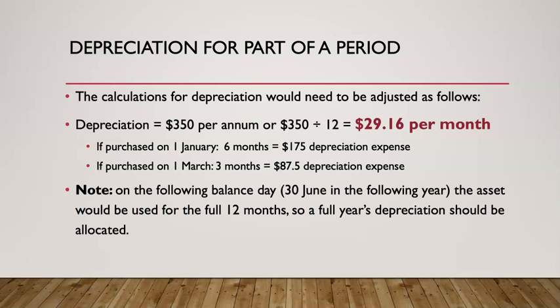For the next period, and the periods going on, we will always use up the full 12 months because it's assumed we've controlled the asset from the first day of the reporting period to the end of the year's reporting period. So full year depreciation would be allocated.